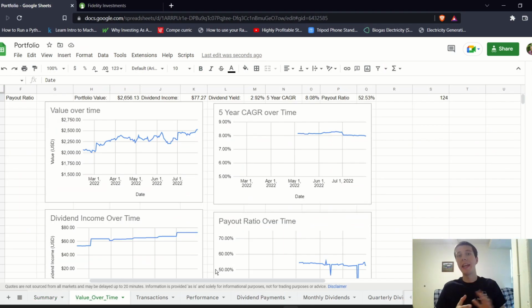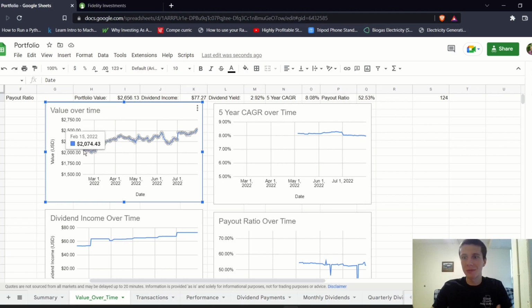And the other thing I want to show you guys are these graphs that I've compiled over the past few months. This first one right here is just the portfolio value over time, which is super exciting to me to see. At the beginning of February, just less than 6 months ago, the portfolio was only around $2,000, and now it's up at above $2,500, and it's above 2,600 now, which is really exciting.